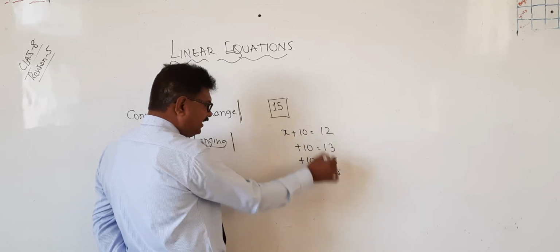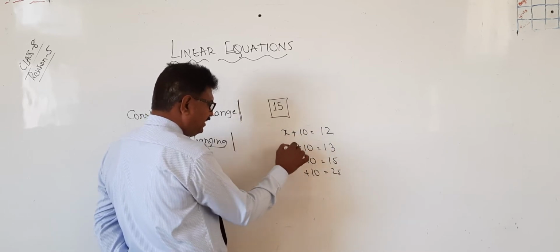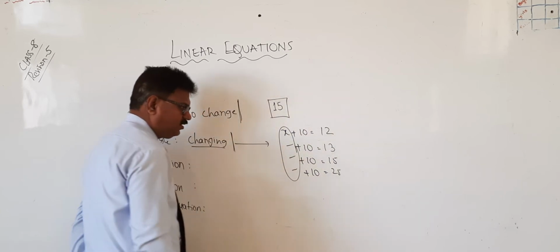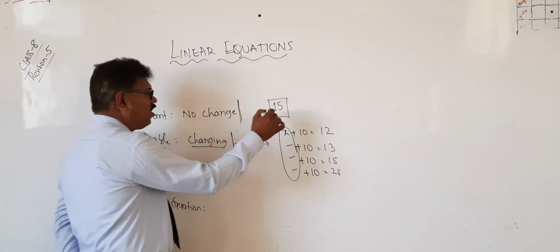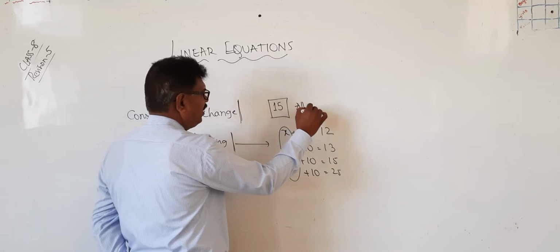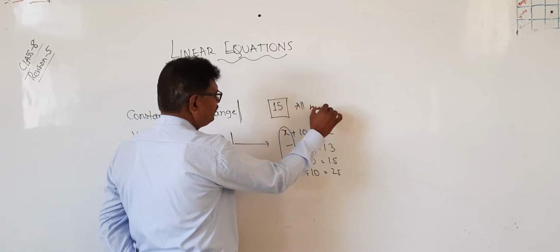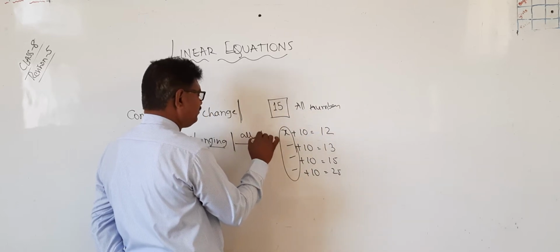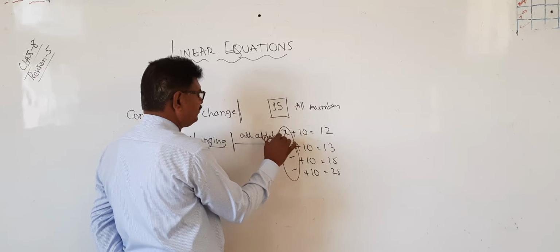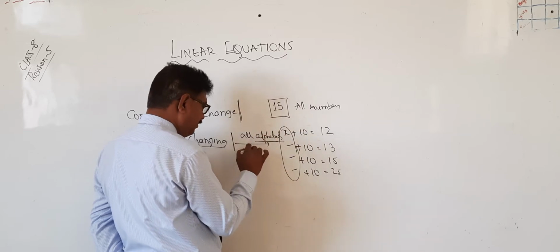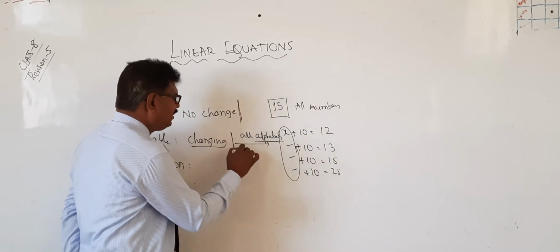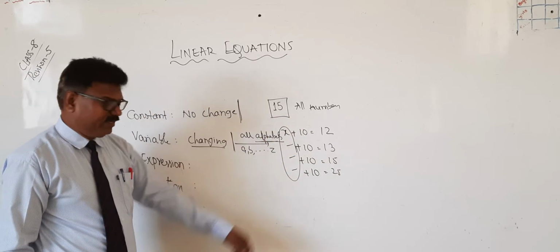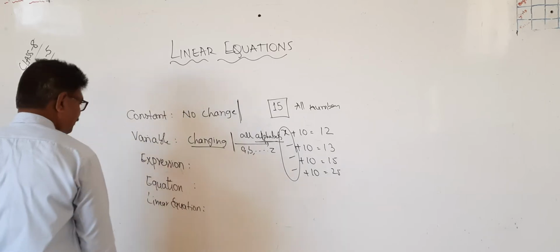So according to this it will be changing. Changing is nothing but variable. Here all numbers, here all alphabets. All alphabets are variables like a, b, c.